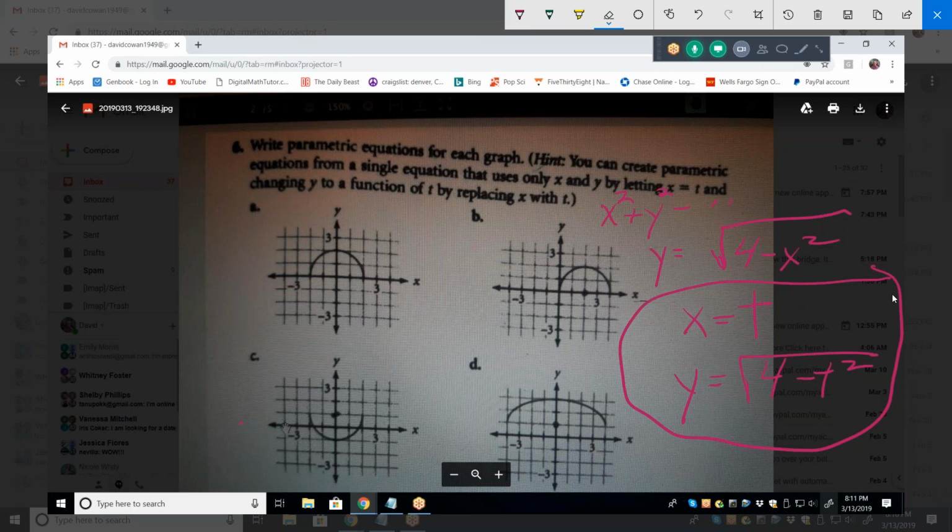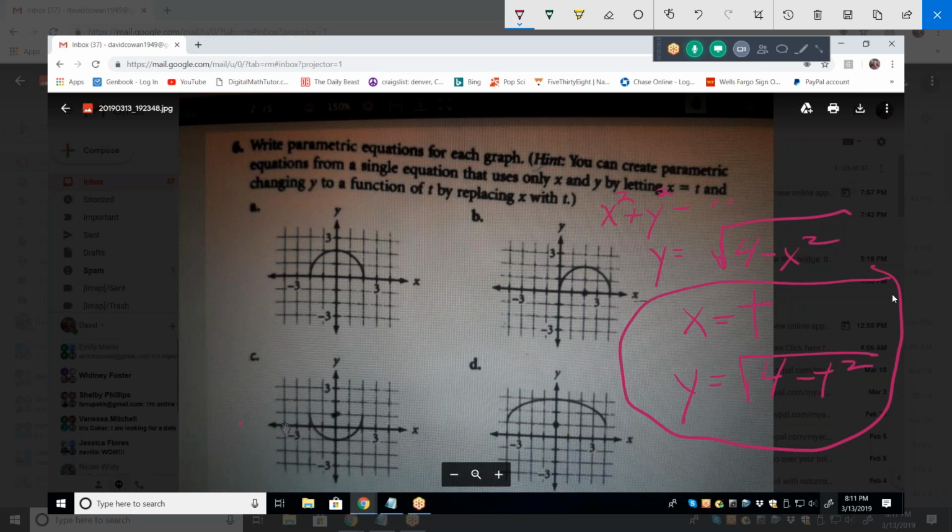Wait, but can it have two different answers? Because the answer key says something else. What's the answer key say for A? For A, it says x equals t and y equals 2 times the square root of 1 minus t over 2 squared. That's going to be the same answer. Tell me what they say again for y and t.